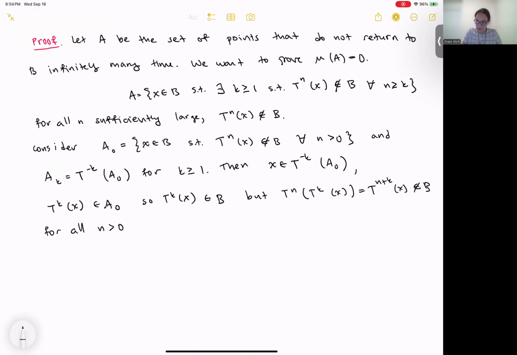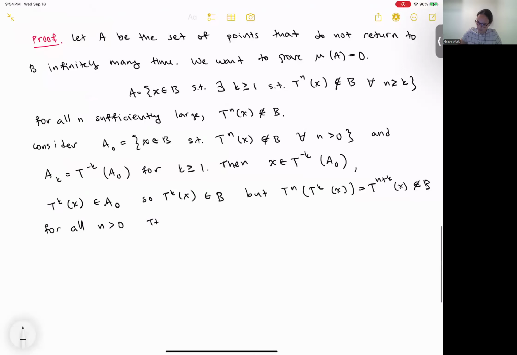It's just by the definition of what it means for T^k x to be in A_0. Thus, we can describe our A_k as the set of all x such that T^k(x) is in B and T^n(x) is not in B for all n greater than k.